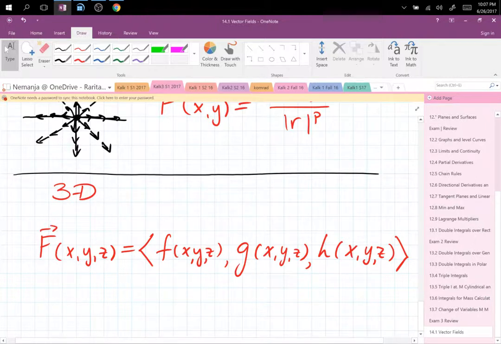Now, obviously, these will be far more annoying to draw because you pick 0, 0, 0, then 1, 0, 0, 1, 1, 0, 1, 1, 1, whatever, and you try to picture how they behave. Generally, I'll just show what the textbook shows. This stuff is cool to show in Mathematica, which you could look up how to draw.